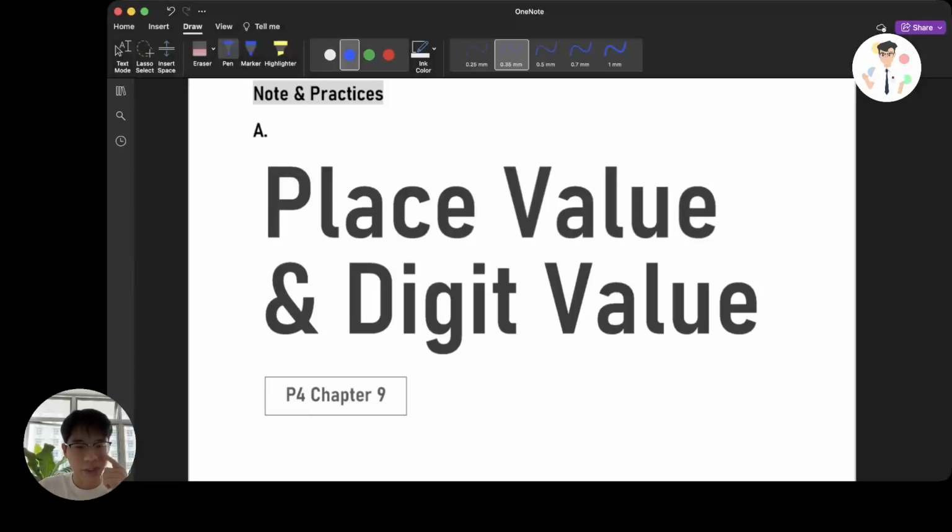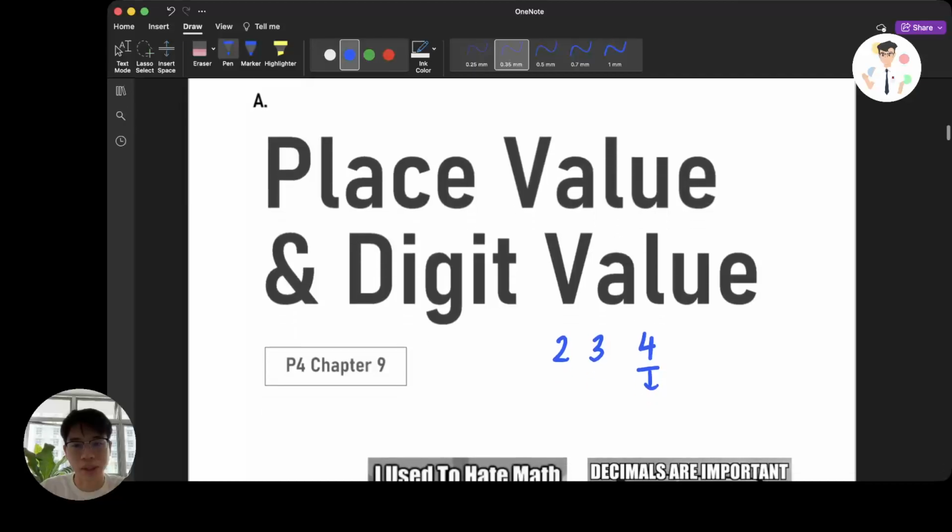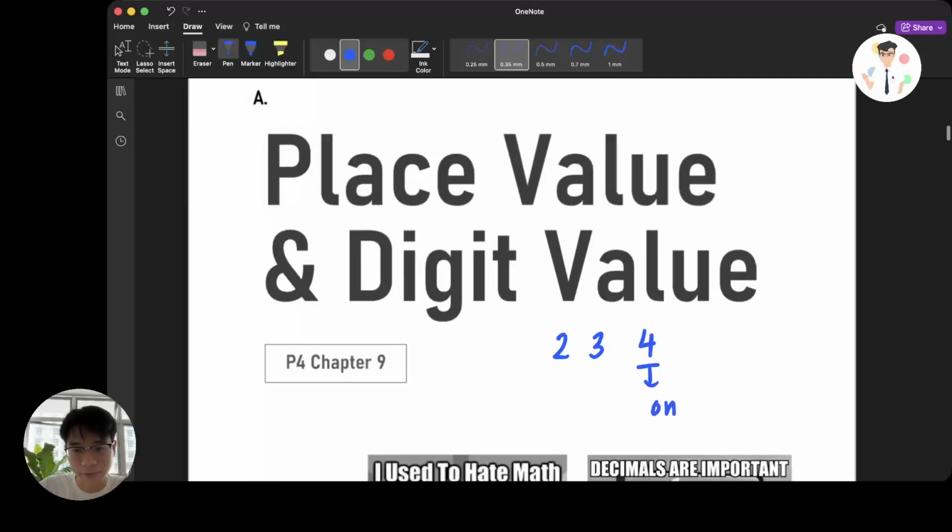Now, for example, if I were to start with this number, 234, we know this 4, the place value is what we call the ones. If it's 3, we know the place value is the tens. And this 2, the place value is the hundreds.